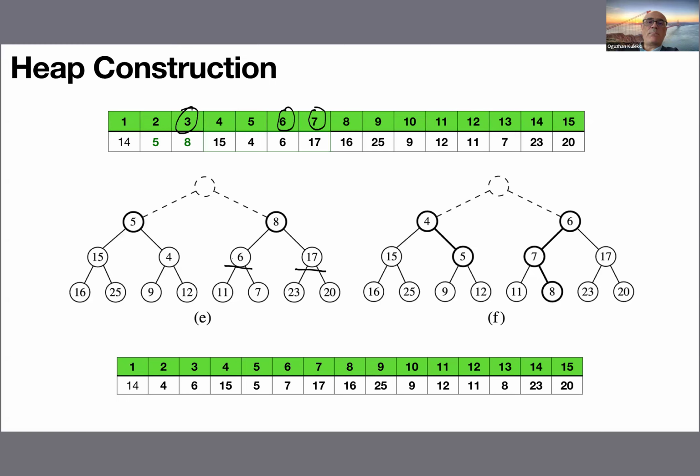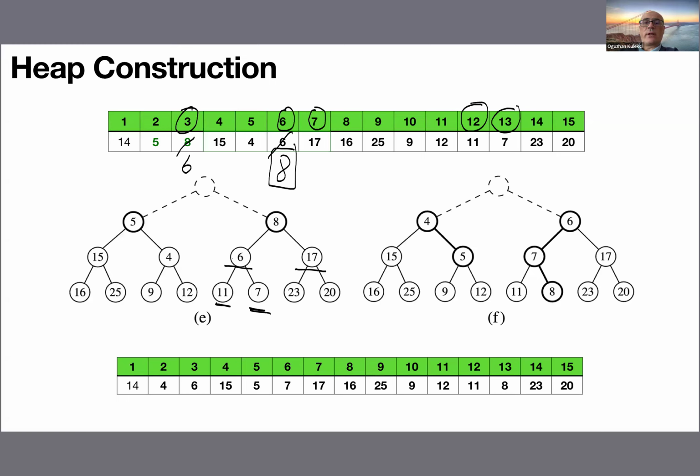Since this is a min heap, I should copy 6 here and 8 here. Since you have updated this one, you have to check its children. Who are the children? 6 times 2 is 12, 6 times 2 plus 1 is 13. So 11 and 7. And 6 is less than these guys. So I'm fine.